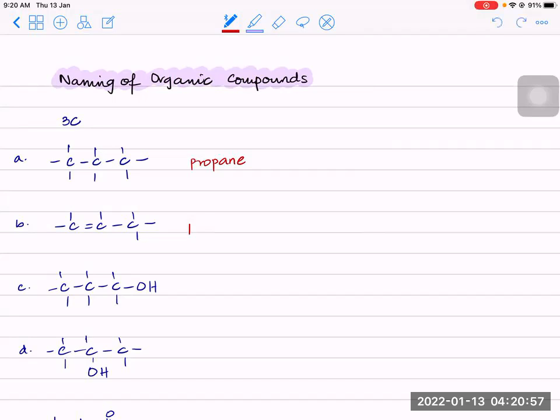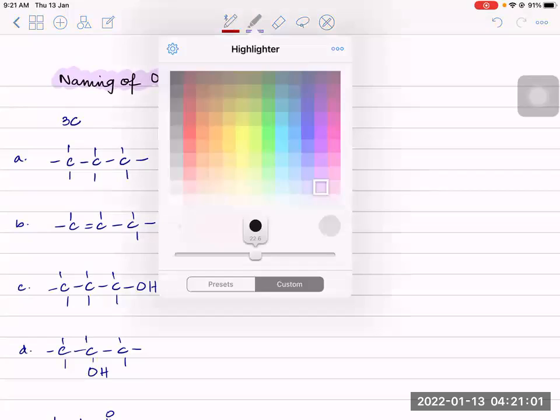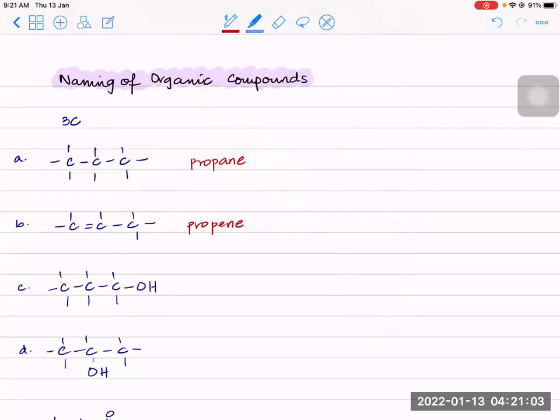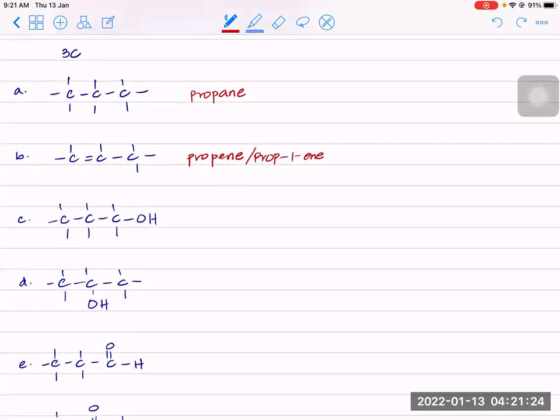Now, you can call this propene, or more precisely, you can see that this is your longest chain of carbons, and on carbon 1 and 2, you have your double bond. So we call this what? Prop-1-ene, because your double bond is between carbon 1 and 2. So you pick the smaller number.